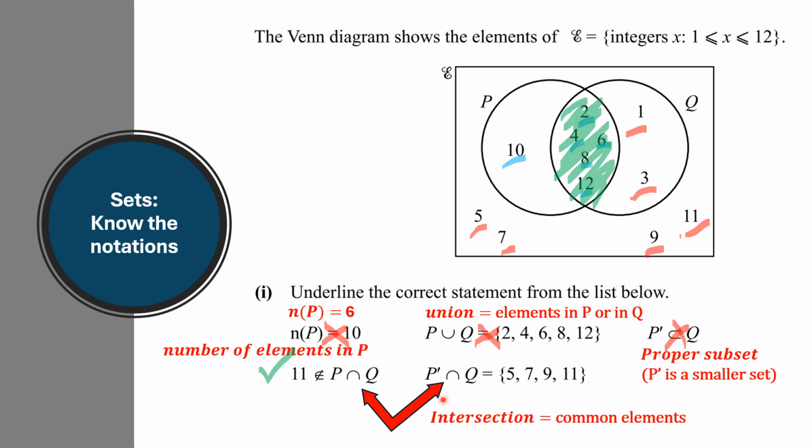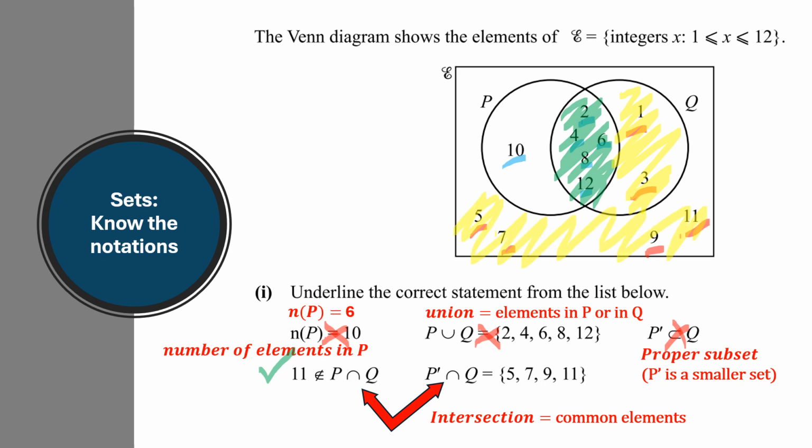All right, the last one, let's go through the set. It's P complement intersect Q. Where is the P complement intersect Q? P complement means all the elements outside of P, which is here, including this region as well.